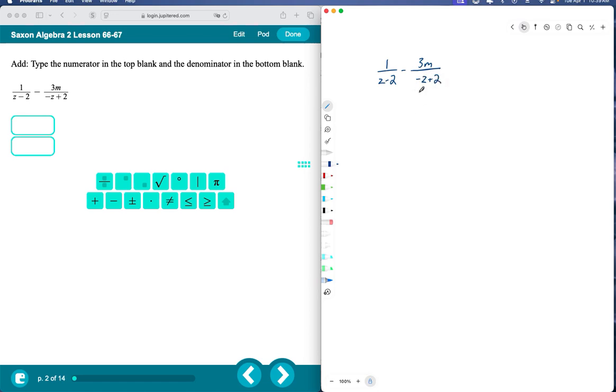Okay, so we don't like to have this negative right here. I'm going to flip this by multiplying by -1 over -1. So 1 over z minus 2, and then this is going to become a negative 3m.